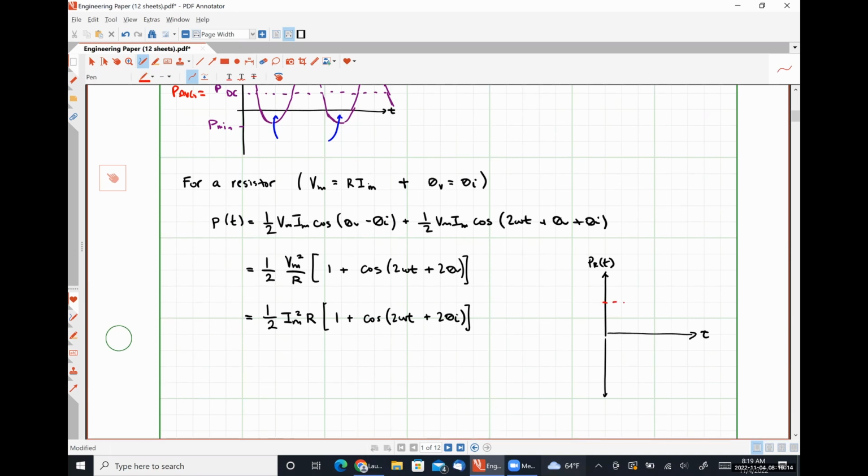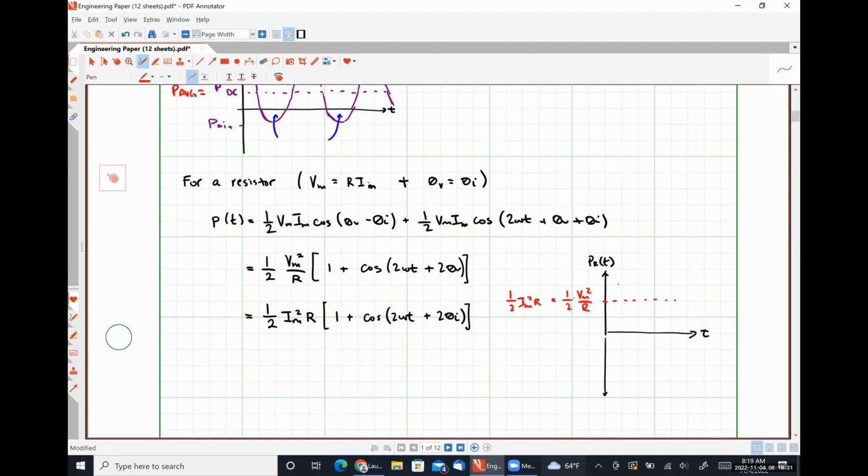So our average value corresponds to 1/2 Vm squared over R, which is the same as 1/2 Im squared times R. And what we'll find is that our instantaneous power waveform is going to look something like this.